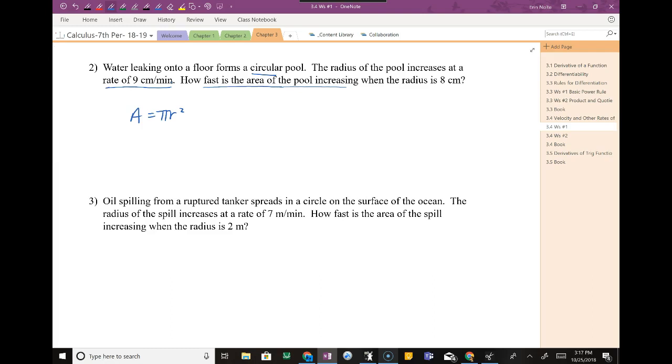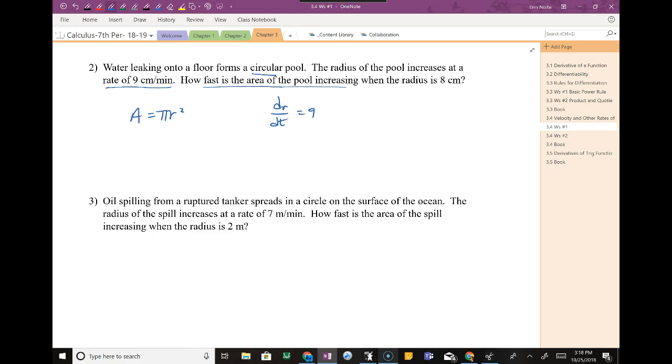When they give me a rate, what are they giving me? A dr dt. So dr dt is 9. Does everybody understand where that's coming from? It's a rate, so it's always a something dt, and it's referencing the radius, so dr.